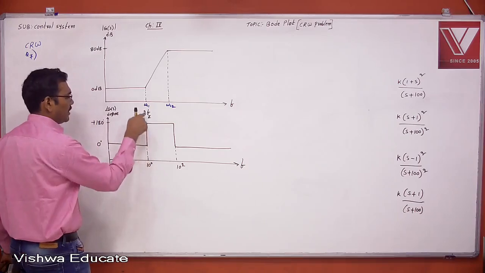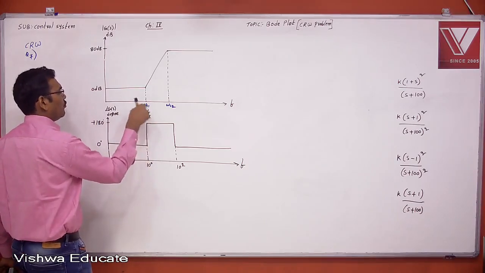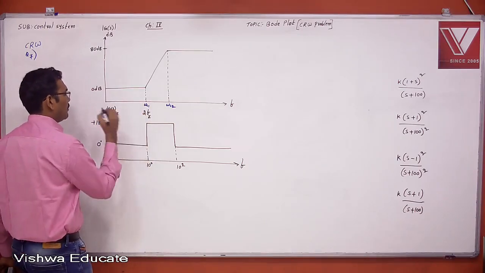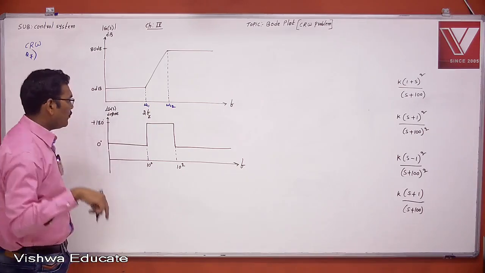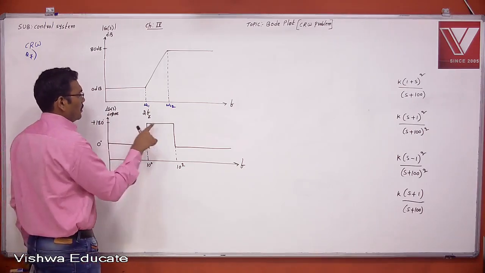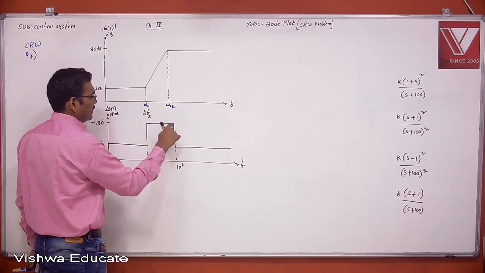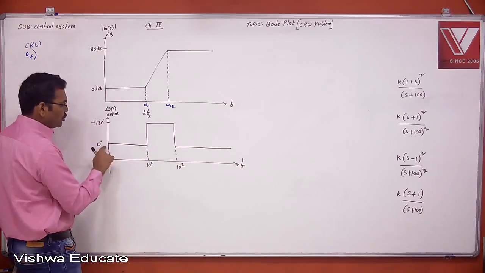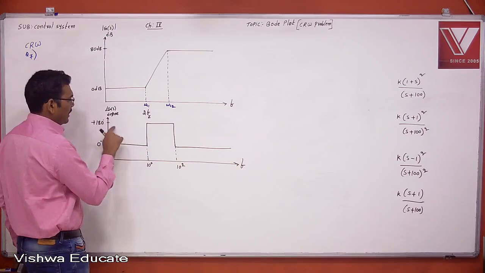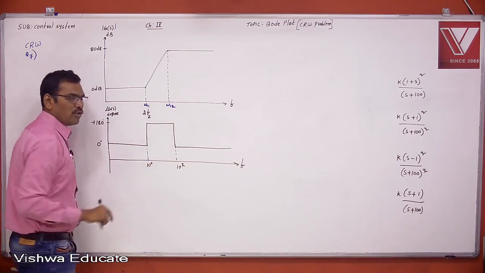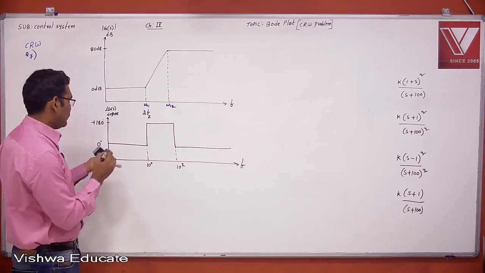So at this particular corner frequency, there are two finite zeros, because the phase will become plus 180 degrees. Again, this plus 180 degrees line will go back to 0 degrees. Going back to 0 degrees means how much is added?